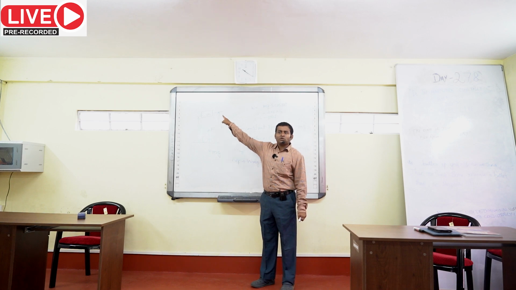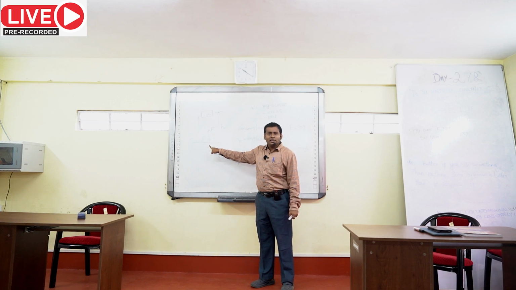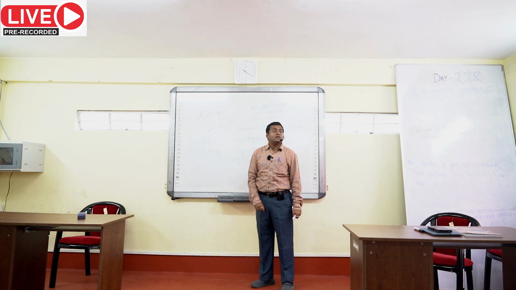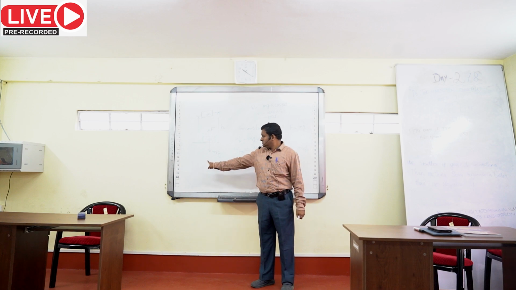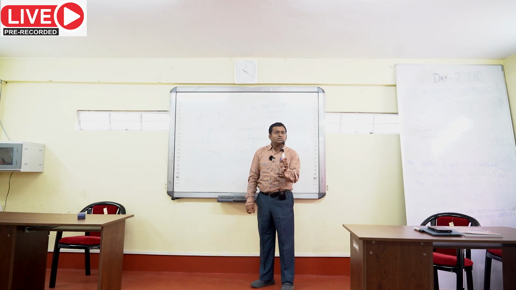Since the body is moving with constant speed, what is the net force on this mass? 0. Because F is upwards, mg is downward. So F net will be F minus mg. That is 0. So what is the total displacement? h. So net force into displacement is also 0 into h.